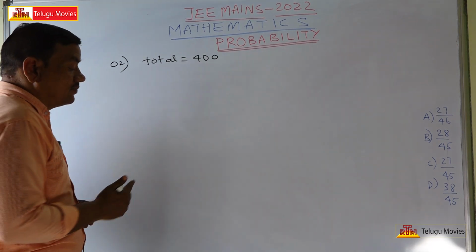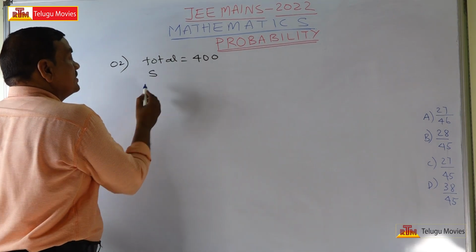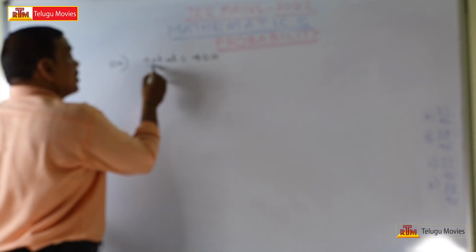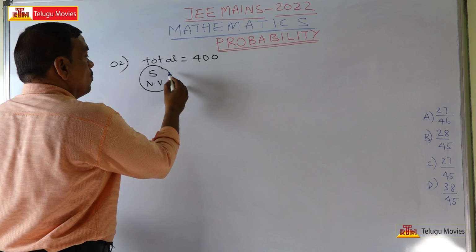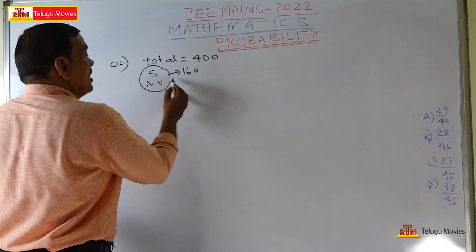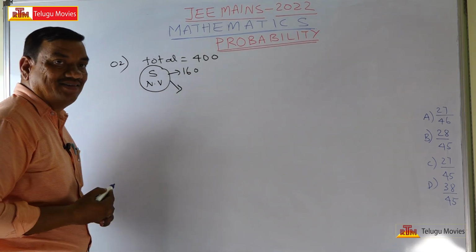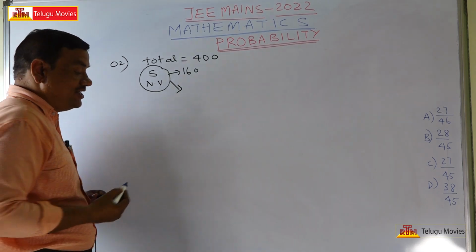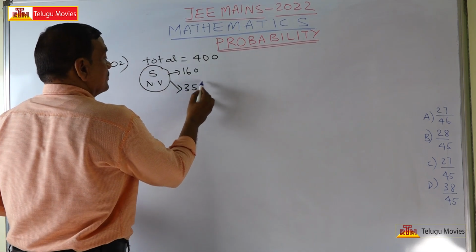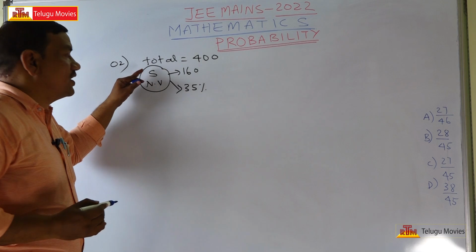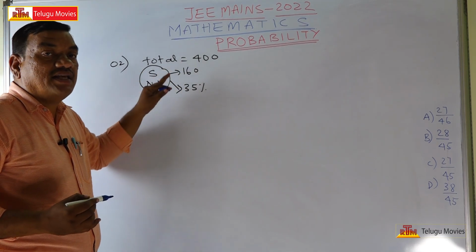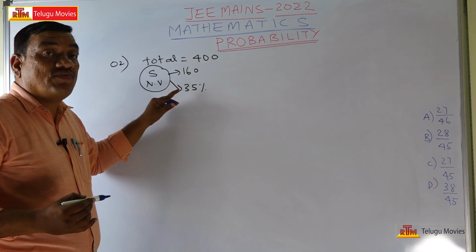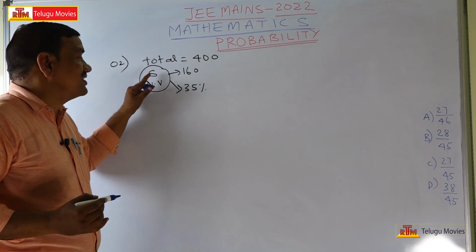Smokers and non-vegetarians are 160 members, and their chance of getting a chest disorder is 35%.